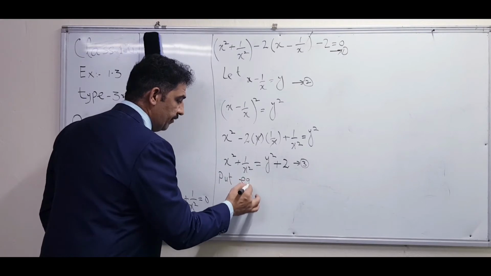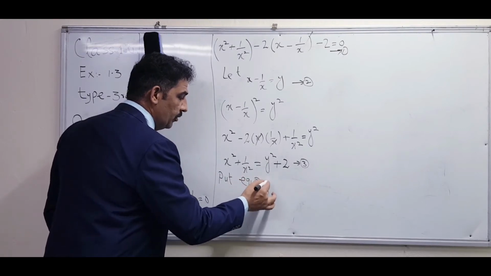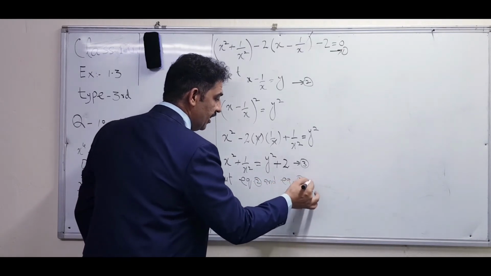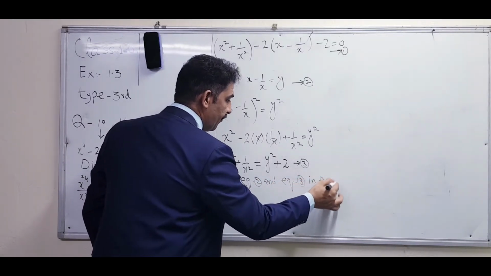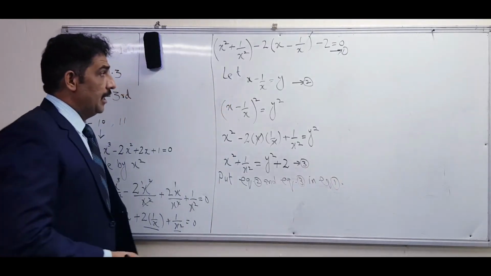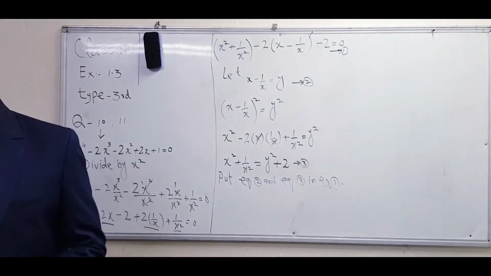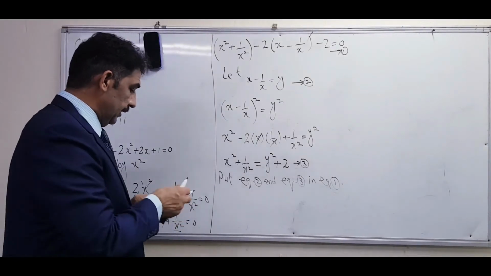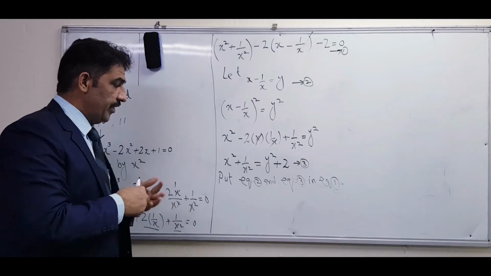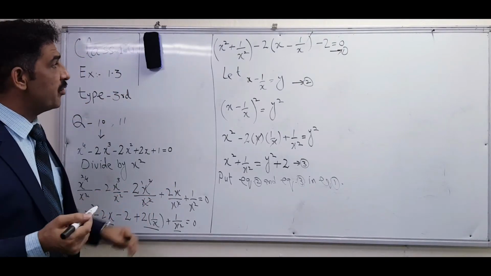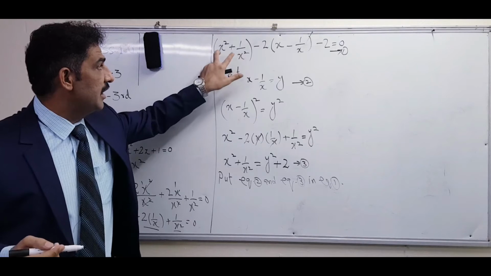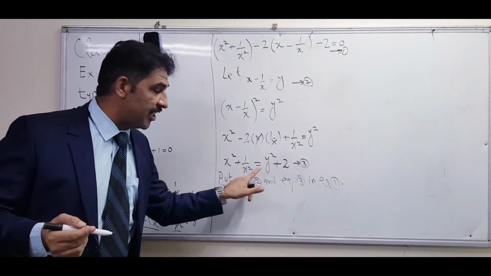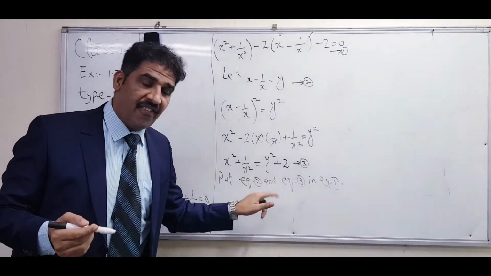Put equation 2 and equation 3 in equation 1. How to put it? You think, while I pick up the marker. So first, what do we have to write? x square plus 1 over x square. In the place of this value, from equation 3, x square plus 1 over x square is equal to y square plus 2.